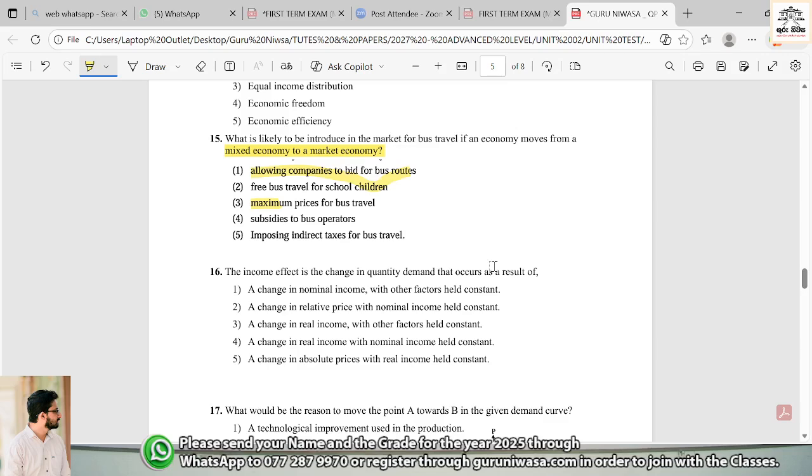Bidding means, can you hear me? Hello. Yes. Okay. Yes, sir. The bidding process means, for example, allowing companies to bid for bus routes.